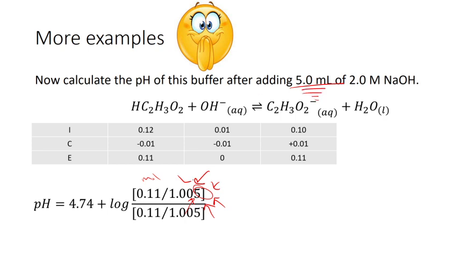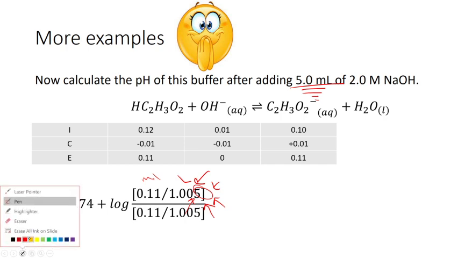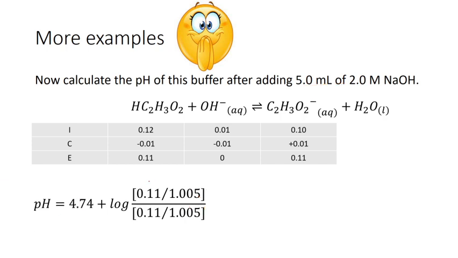And it has to be accounted for when you calculate the concentration of your acid and conjugate base. So we are going to put in our new volume here that we divide our moles by.